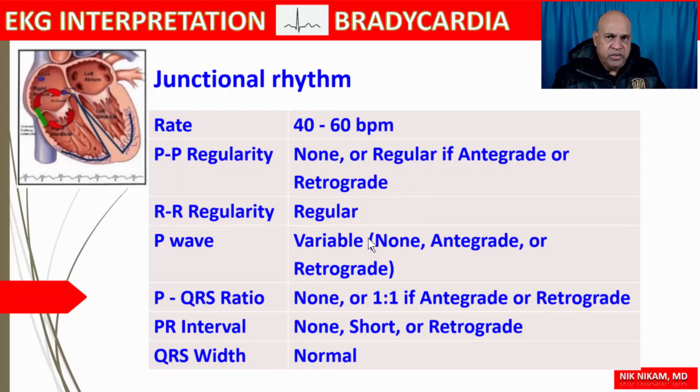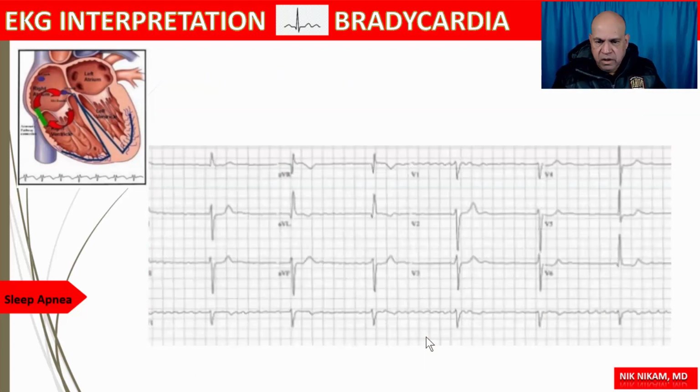The P waves, as I said, could be variable. The P to QRS ratio is 1:1 if the P waves are visible. The PR interval could be very short or it could be retrograde. And the QRS width is normal, and that's what differentiates this from idioventricular rhythm or accelerated idioventricular rhythm.